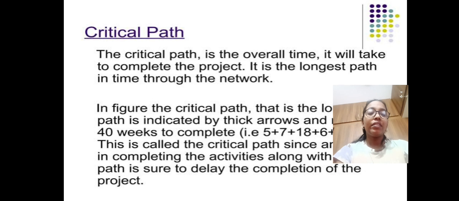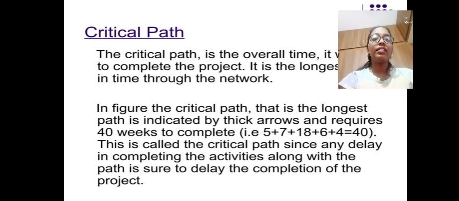Critical path. The critical path is the overall time it will take to complete the project. It is the longest path in time through the network. In the figure, the critical path, that is the longest path, is indicated by a thick arrow and requires 40 weeks to complete.